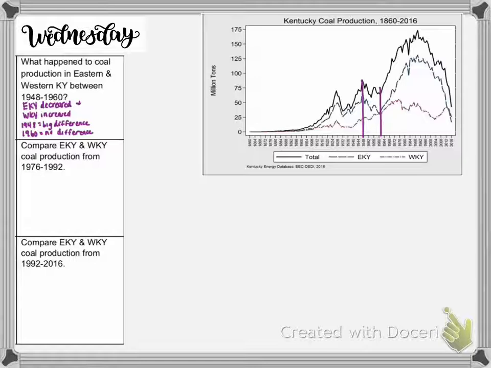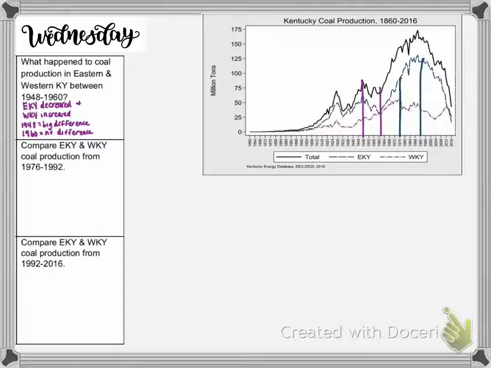Alright, let's look at the next question. Compare eastern Kentucky and western Kentucky between 1976 and 1992. So let's look at 1976 to 1992. Now look what happened.